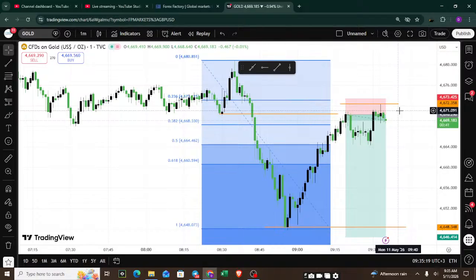So based on my rules, I should be already out of this trade. So I'm cutting my losses right now.